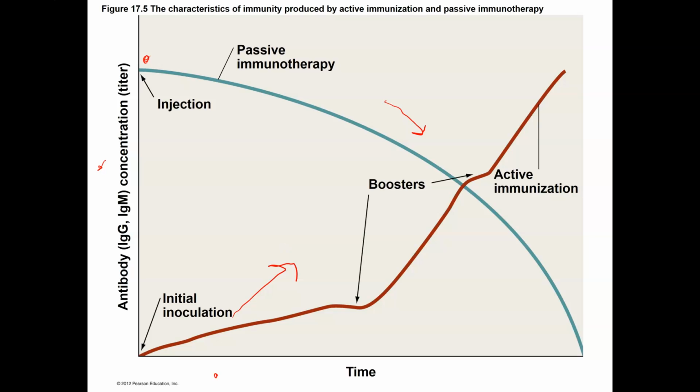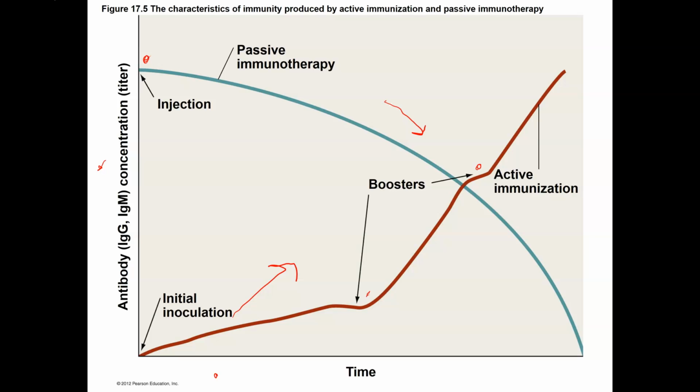Also on this graph, you can see that booster doses were administered here and here, and that resulted in spikes on the graph because they increased the concentration of circulating antibodies. That's the visual comparison between passive immunization and active inoculation.